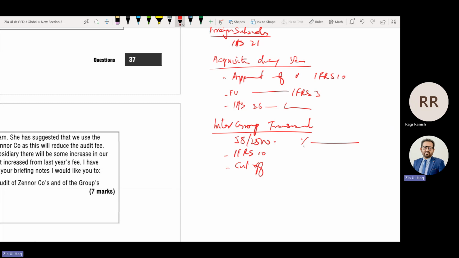This means receivable overstated, inventory understated. They haven't recorded sales, they have recorded purchase: purchases debit, payable credit. So inventory and payable could be overstated. So this is another cut-off issue. Now what could be the document relating to this?